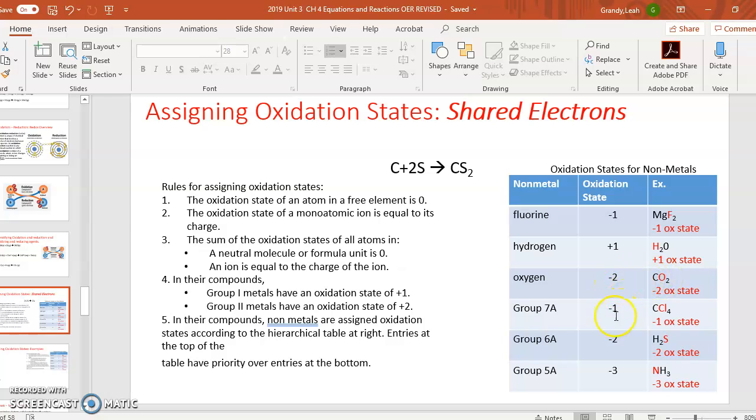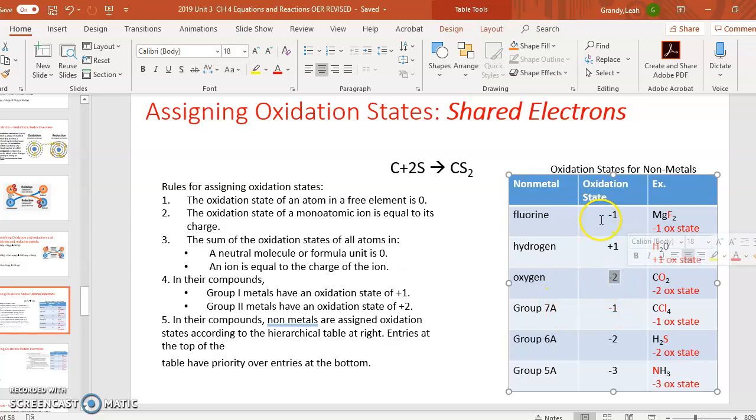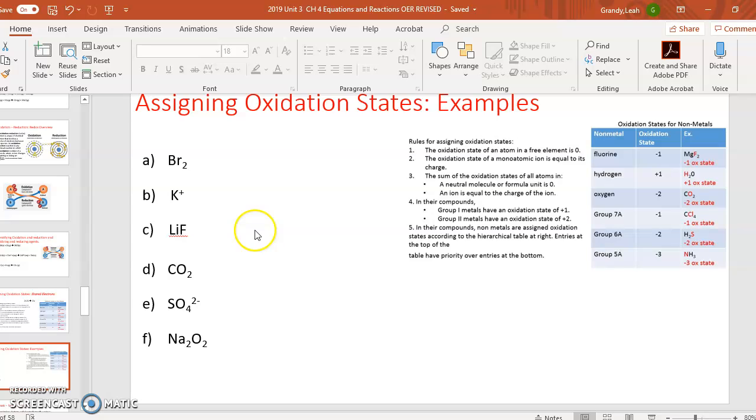Okay, so oxygen is always -2, and hydrogen's always +1, and fluorine's always -1. And then you can just say everything else in group 7 in the halogens is -1, and everything else in group 6, etc., etc. But hydrogen and oxygen and fluorine, there's no debating those, and you'll see why a little bit later.